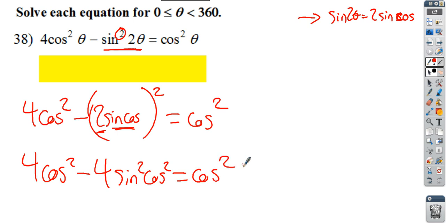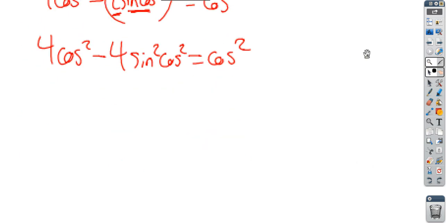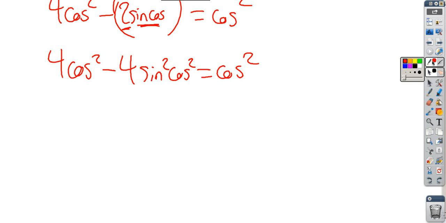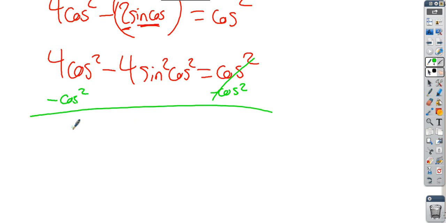And then let's move that cosine squared over to the other side. So we will move it over by subtracting it, so that goes away. And then we'll subtract it right there. So we would get 4 cos squared minus cos squared would be 3 cos squared. And we have minus 4 sine squared cosine squared, that's equal to 0.